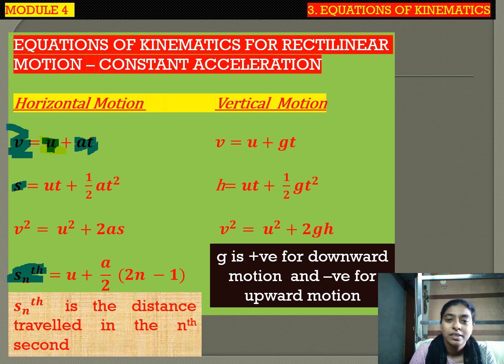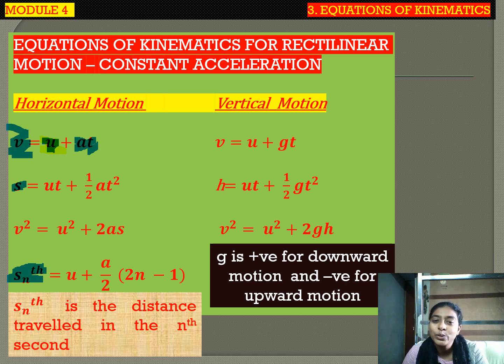Now, for vertical motion, we replace this a by g. A is for horizontal acceleration. G is acceleration due to gravity, that is vertical acceleration, when it is falling down or going up.